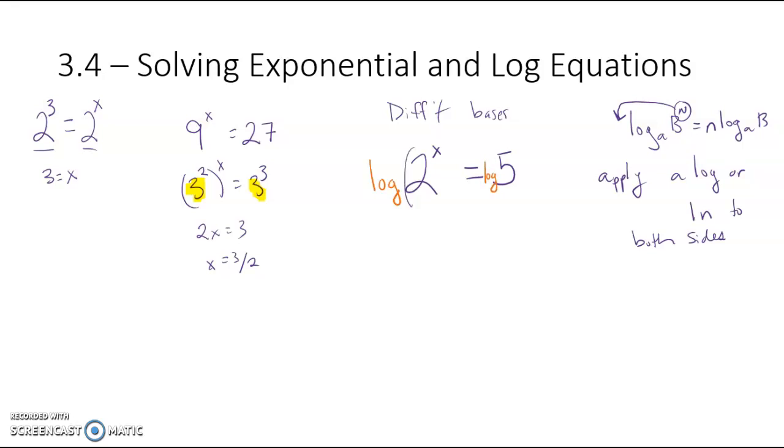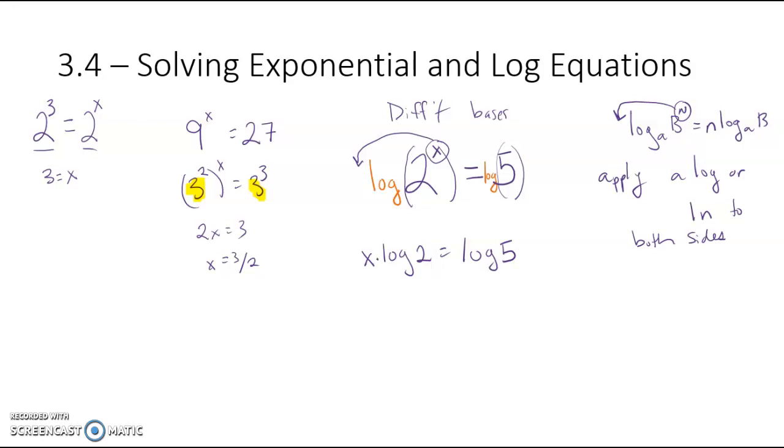So now I have all of this, and I have all of this. Why do I get to do that? Well, now I can bring my x in front. And so I have x log of 2 is equal to log of 5. I have made this become a multiplication problem.